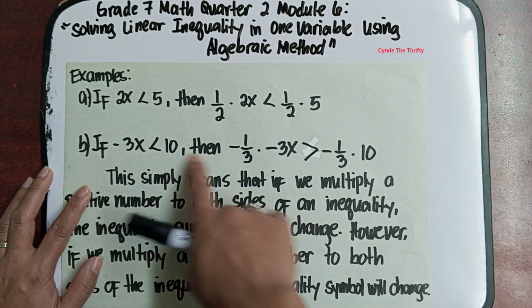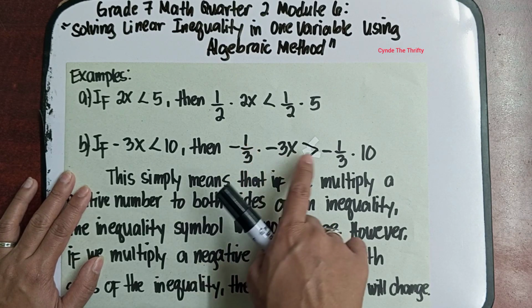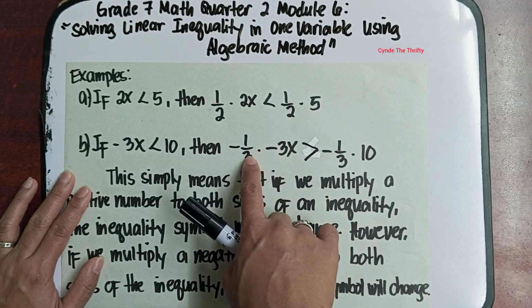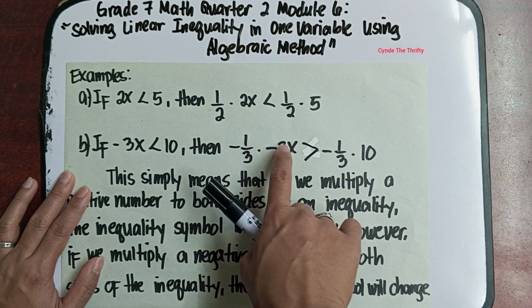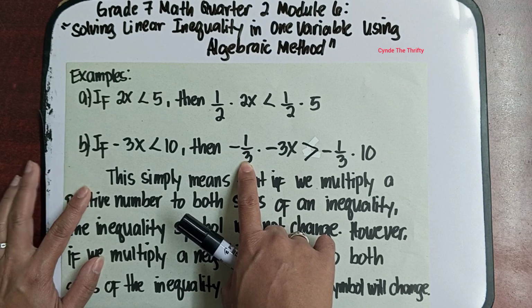So, gaya nito, nag-multiply tayo sa kanyang reciprocal. So, para lang din tayong nag-divide nito. Kasi kapag i-multiply natin siya, negative 1 times negative 3 is equal to positive 3 divided by 3. Okay, so ganon.